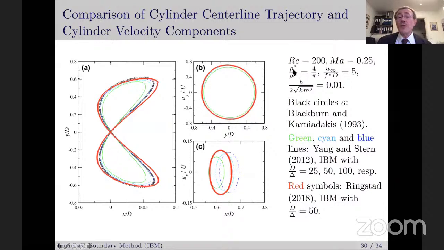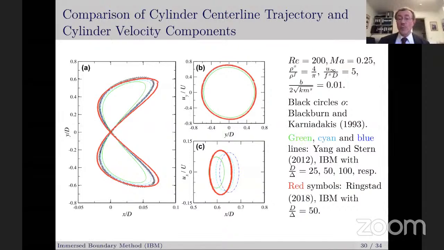The mass ratio of the solid to the fluid is 4/pi, and the non-dimensional velocity, the uniform velocity, there we use the natural frequency Fs and the diameter of the cylinder. The damping is non-dimensionalized using the stiffness K and the mass of the cylinder. And we have this value that was in coincidence then with the literature.